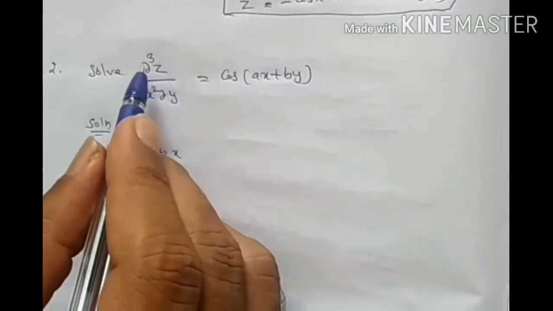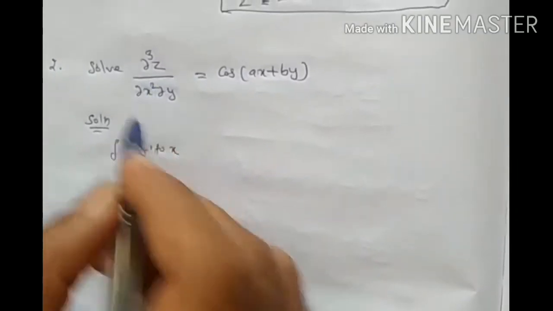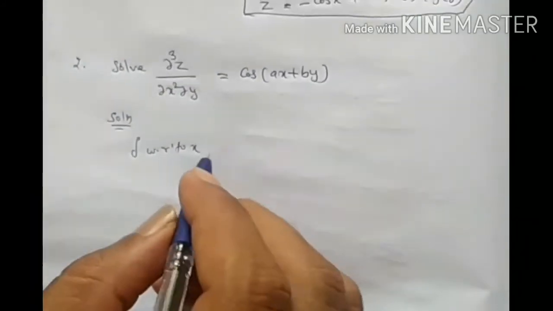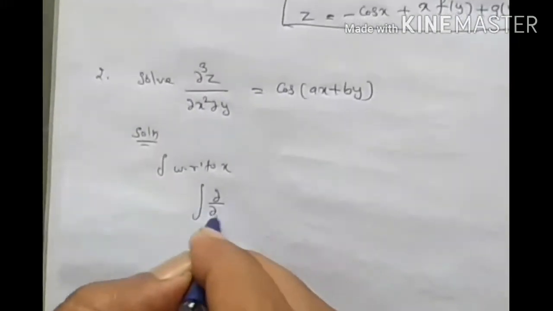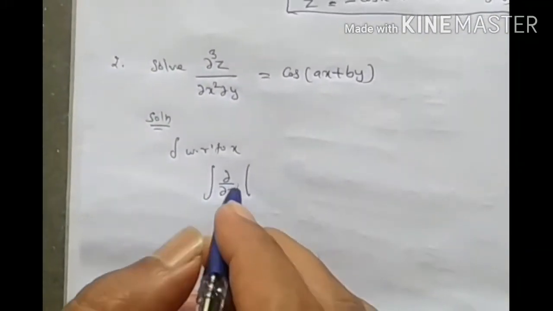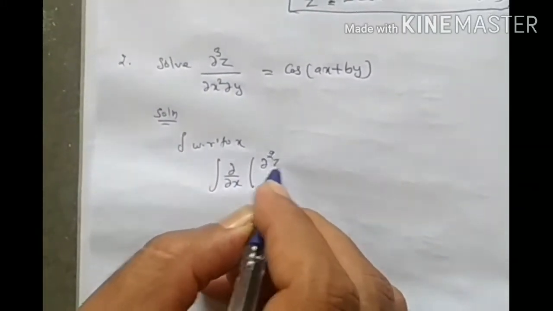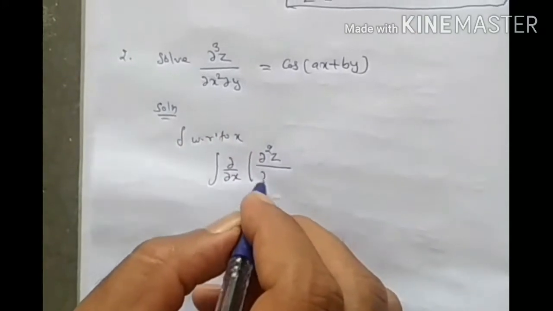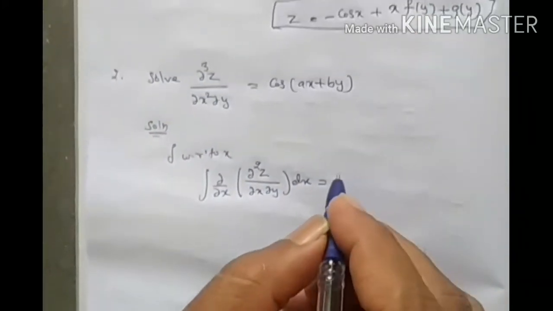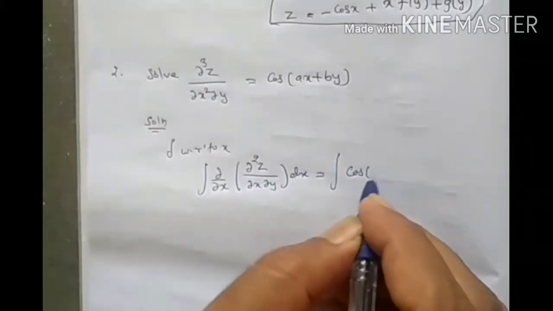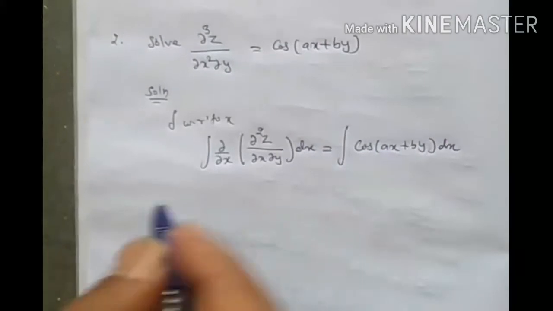So what we get here: three times we have differentiated in the question, so the integration should be three times. If we take ∂/∂x common, we get ∂²z/∂x∂y equal to the integral of cos(ax + by) dx.